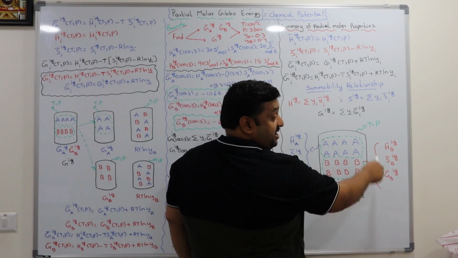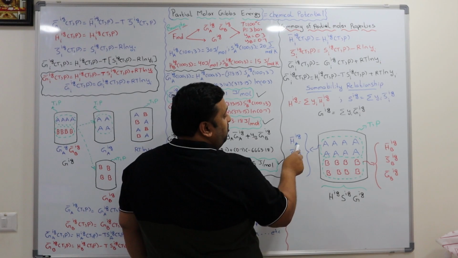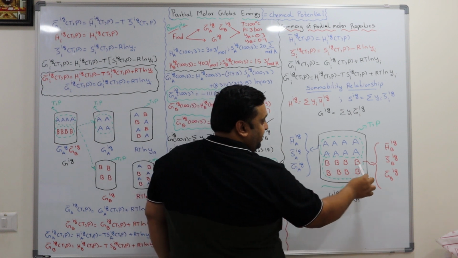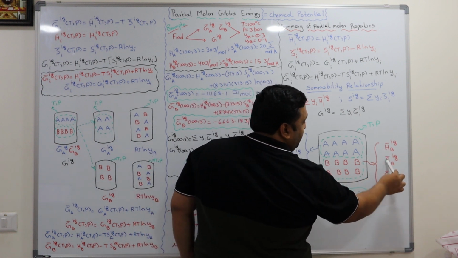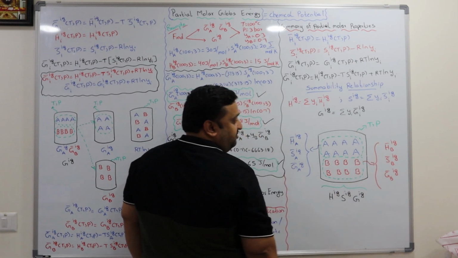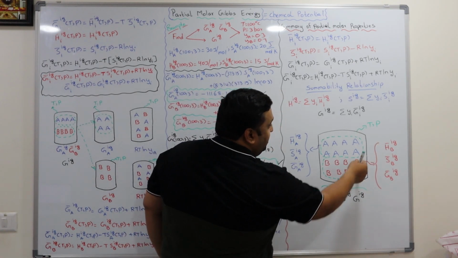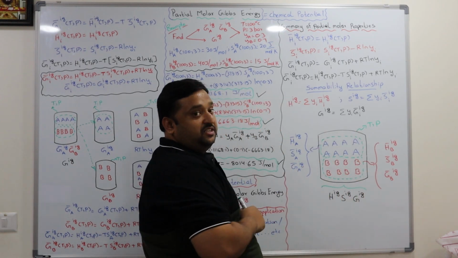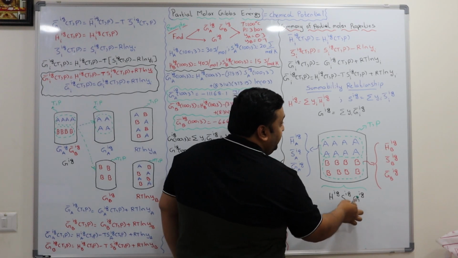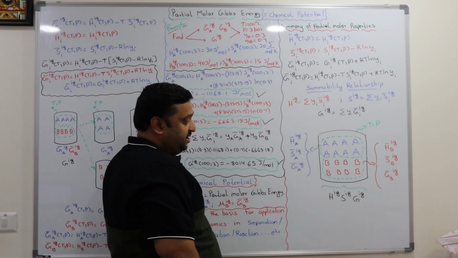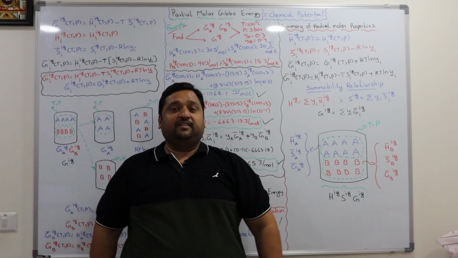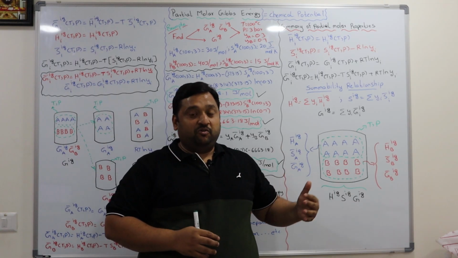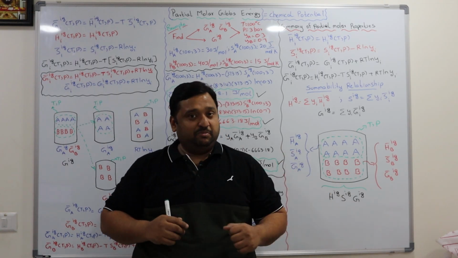You can see there is a mixture for which you have to find the partial enthalpy, partial entropy and partial Gibbs energy of A, and the partial enthalpy, partial entropy and partial Gibbs energy of B. Finally, the total enthalpy of A plus B, total entropy of A plus B, and total Gibbs energy of A plus B come from the summability relationships. I hope now you understood how we are moving ahead. Later on we are going to venture into new topics, so please stay connected. Thank you.